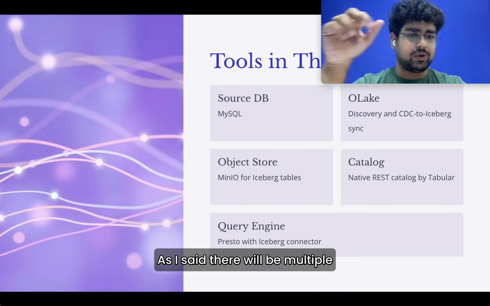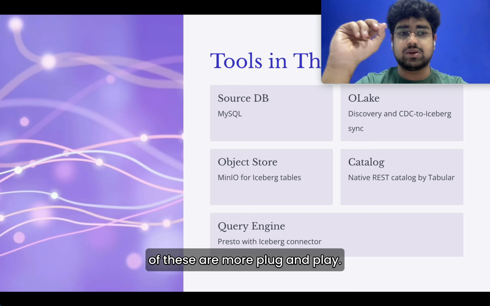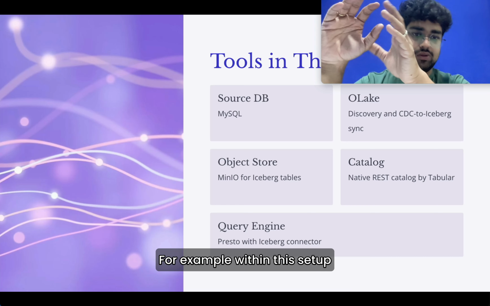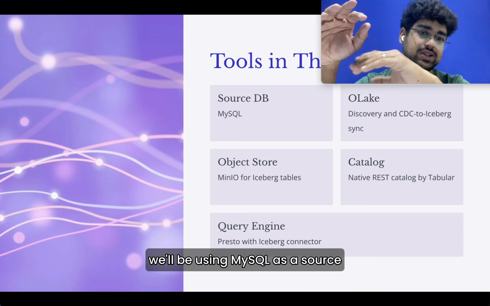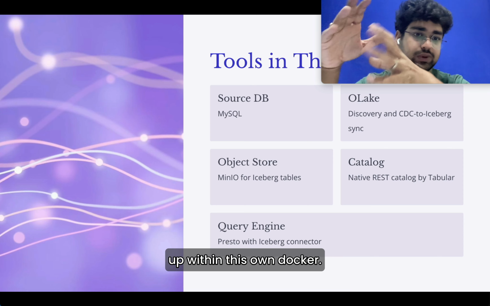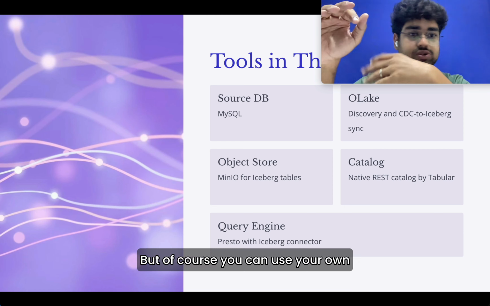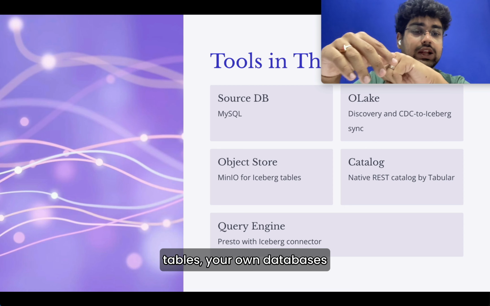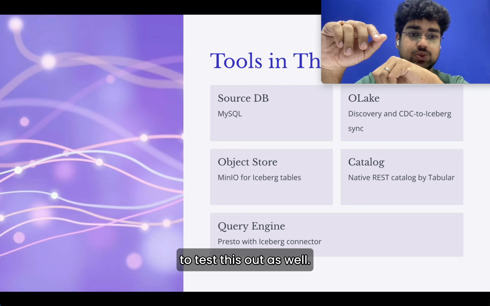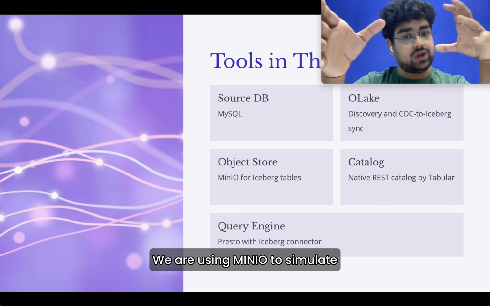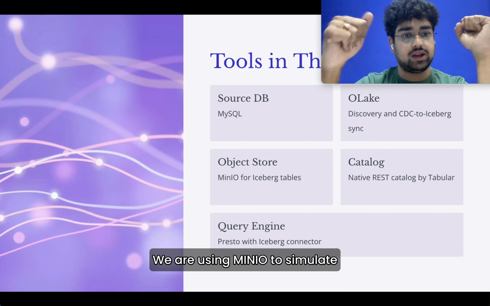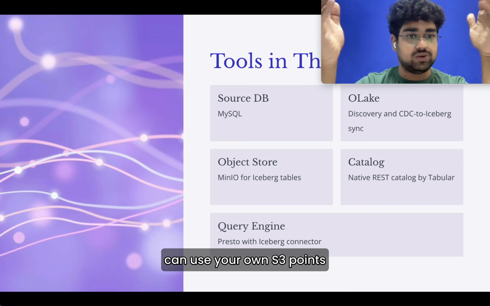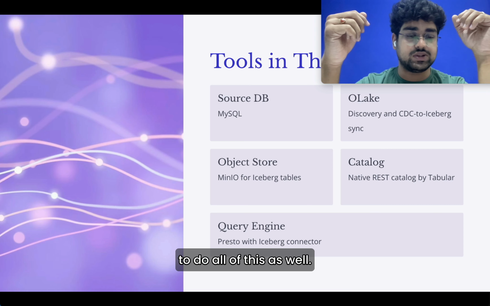As I said, there are multiple tools that we are using, but all of these are more plug and play. For example, within this setup, we'll be using MySQL as a source database that we'll set up within this Docker. But of course, you can use your own staging tables, production tables, your own databases to test this out as well. We are using MinIO to simulate the S3 buckets, but you can use your own S3 endpoints to do all of this as well.